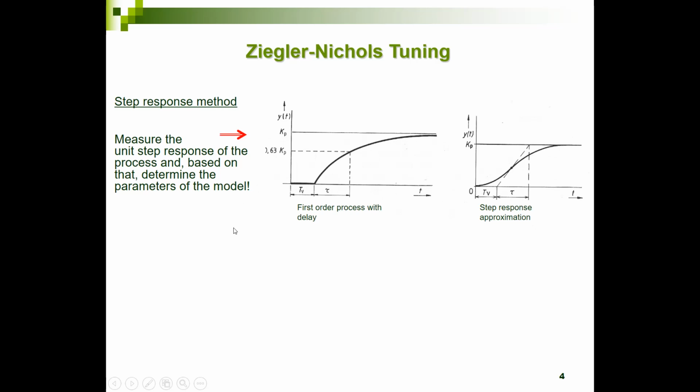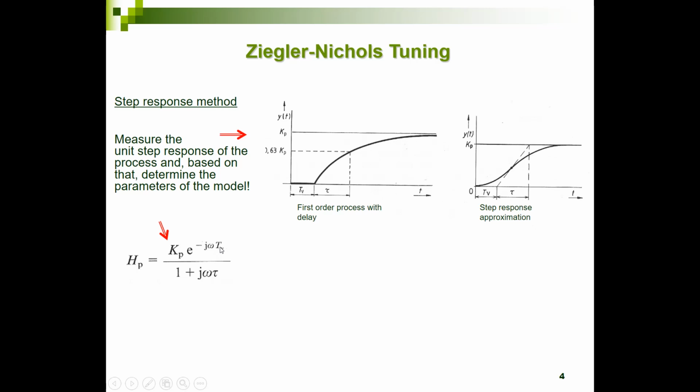Because when we have a system response which looks like a first order behavior plus a delay, then this is my transfer function. HP is the first order system description, in this situation done in frequency domain, so it's Kp divided by 1 plus j omega times tau, and that has to be multiplied with the system description of a delay, which is equal to e to the power minus j times omega times tv, in which tv is the delay constant.